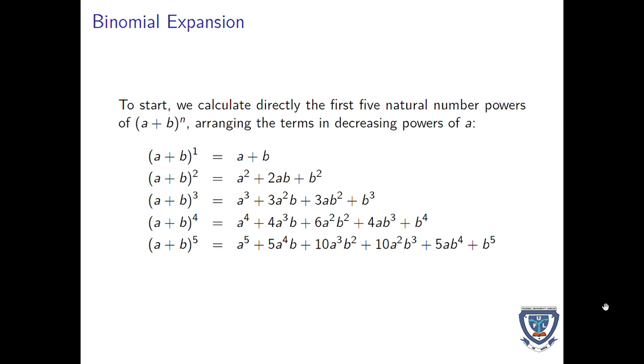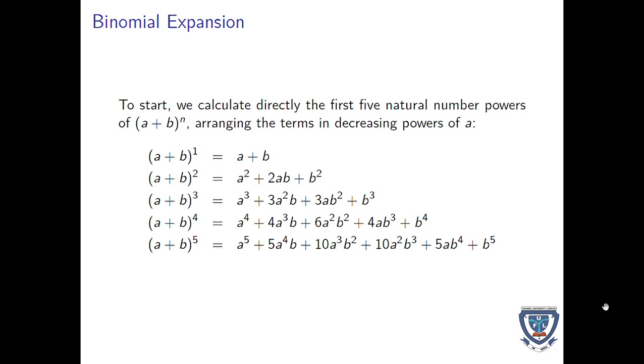Now, binomial expansion. To start, we calculate directly the first 5 natural number powers of a plus b raised to power n, arranging the terms in decreasing powers of a. So a plus b raised to power 1 is a plus b. A plus b raised to power 2 is a squared plus 2ab plus b squared.